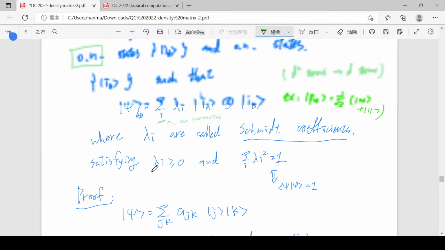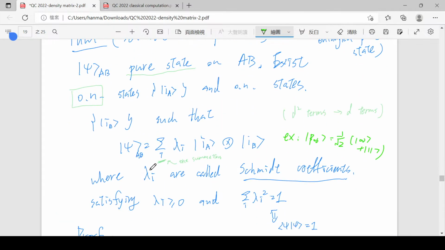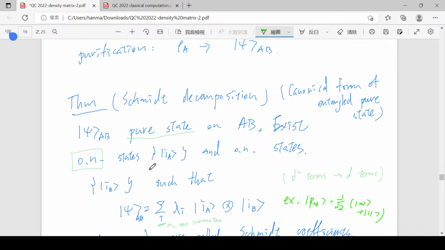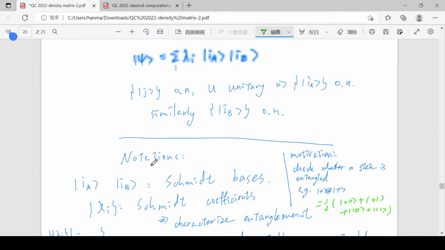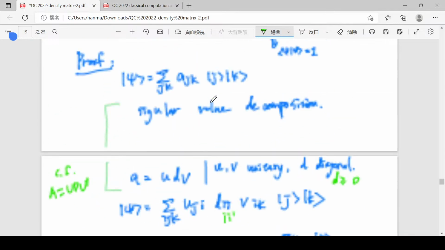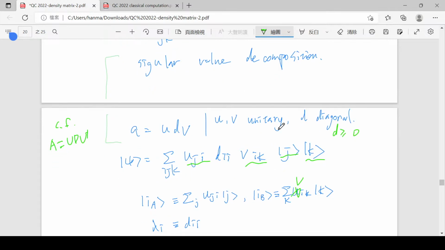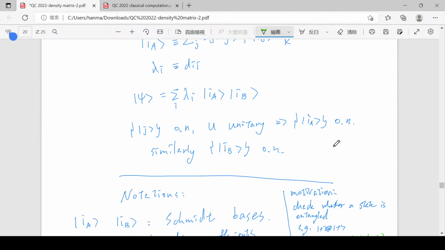We didn't quite prove that, but I should say here that this is a canonical form. We say we can find one form that looks like this, but sometimes the vectors are not unique.